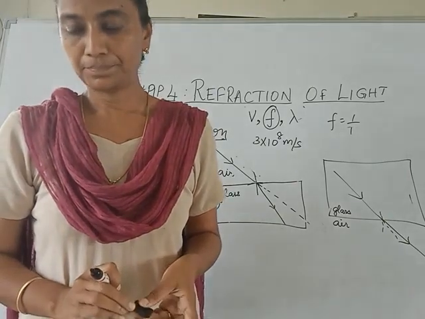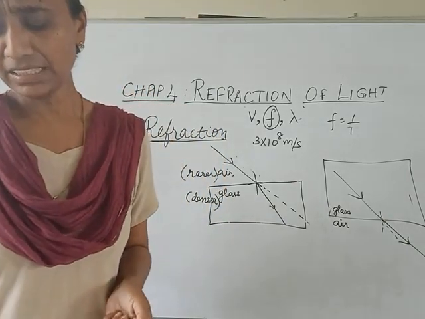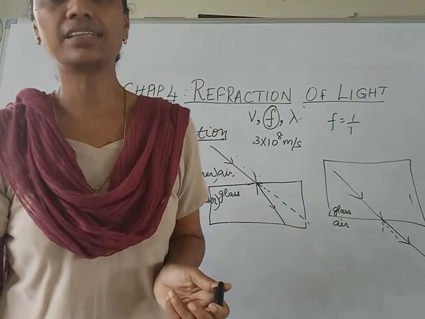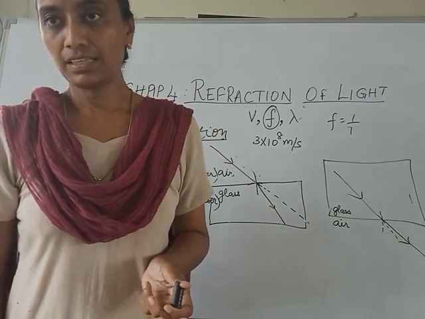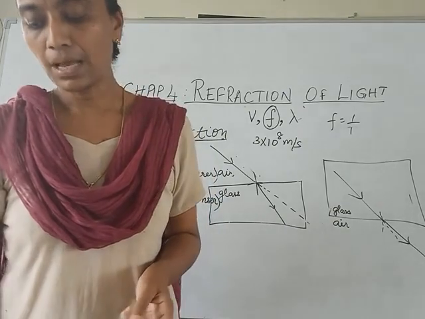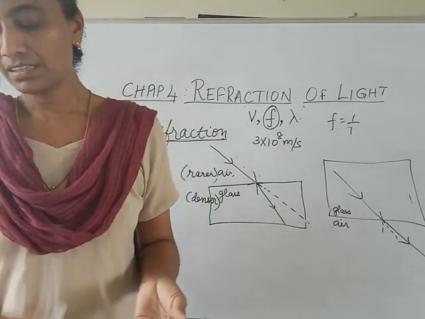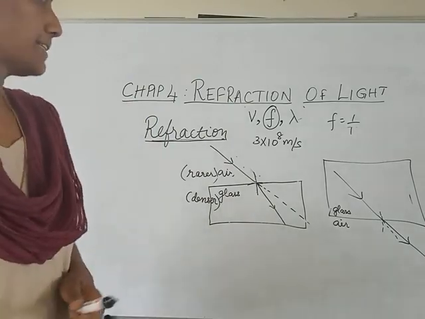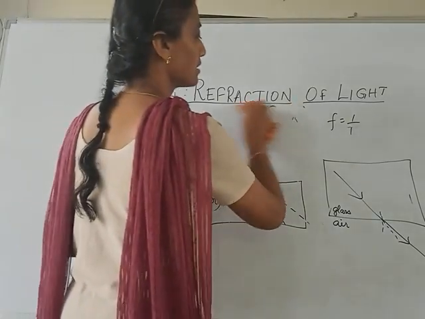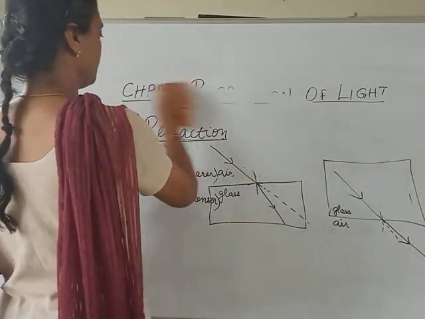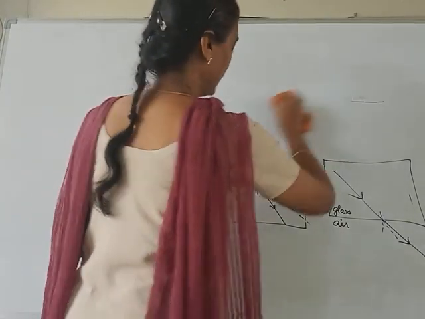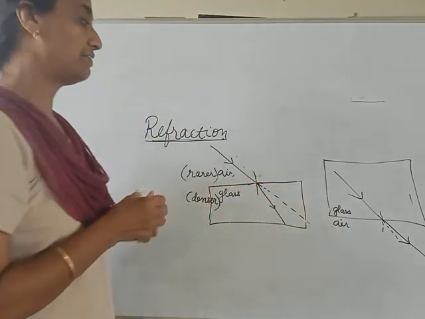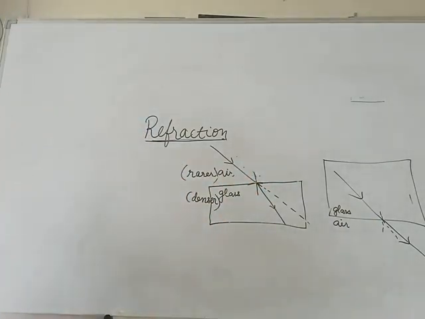Okay, children, now you can open your books. In page 70, come to the topic 4.1, refraction of light. Now in that, the first sentence says, partial reflection and refraction at the boundary of two different media. Now actually what happens is, whenever a light ray enters a medium, like what we were talking about here, part of it will be reflected also.